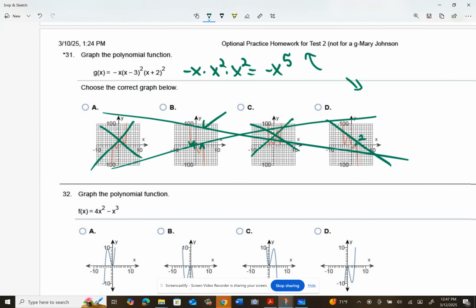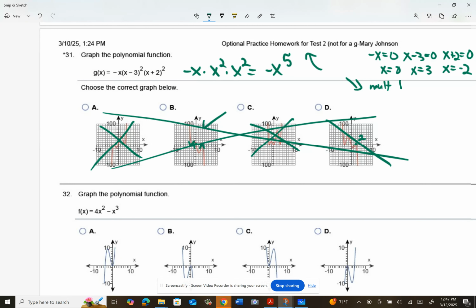Okay? Then you'd think about your zeros and their multiplicity. So you'd set each of those factors equal to 0, and you'd find what the zeros would be. Okay, so x would be 0, x would equal 3, or x would equal -2. Then you're going to look at the exponent on those factors, which is the multiplicity of each.